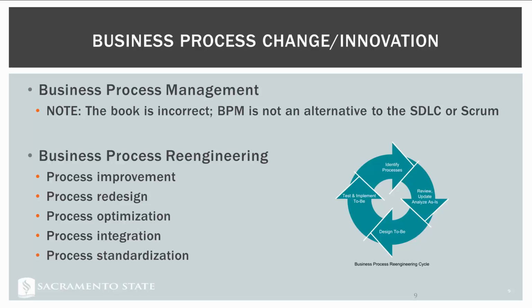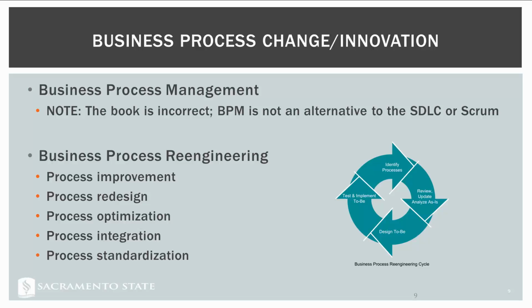The important part of this, though, the slide, is that there are a number of different names for doing something called business process reengineering. That's the most common name. Here's a laundry list of other names that this might be called: business process improvement, process redesign, process optimization or integration, process standardization.